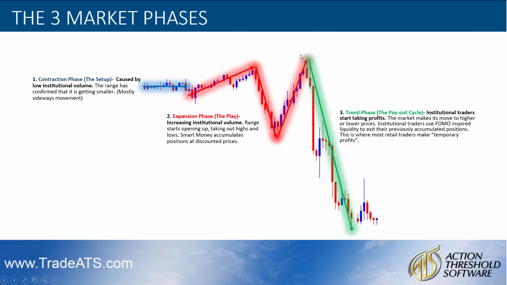So the institutions got those discounted prices up here at the turn. In this particular illustration of the second phase, that's what would have happened here.